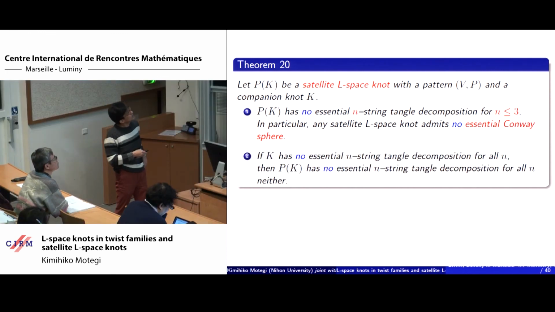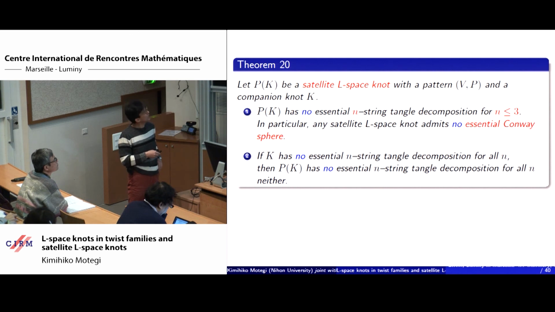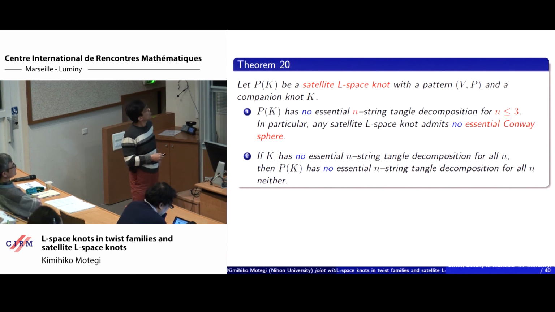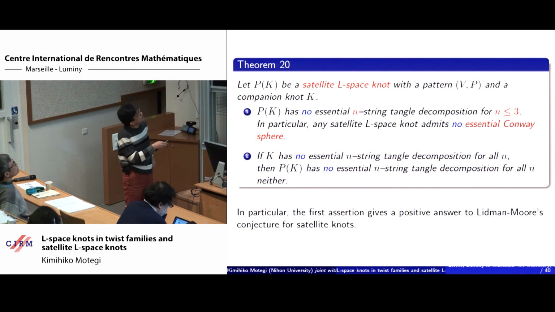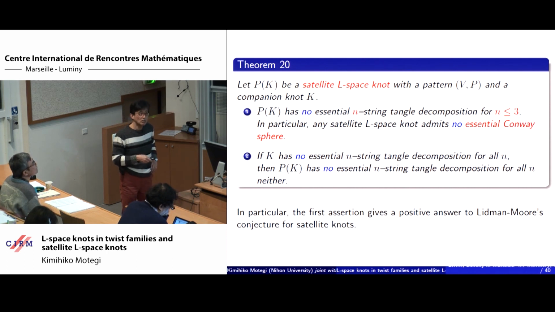And if the companion knot K has no essential n-string tangle decomposition for all n, then its satellite P of K has no essential n-string tangle decomposition for all n, either. So in particular, this first assertion gives a positive answer to Lidman-Moore's conjecture for satellite knots. However, for hyperbolic knots, it is still open.